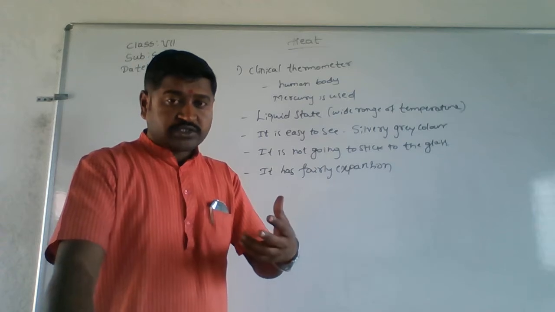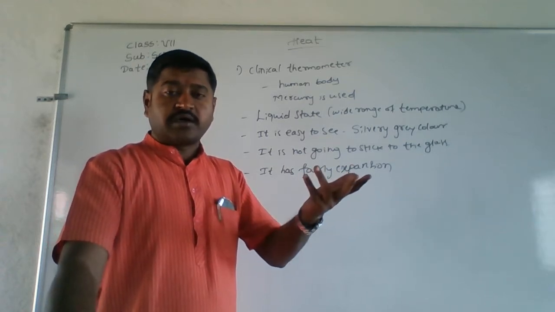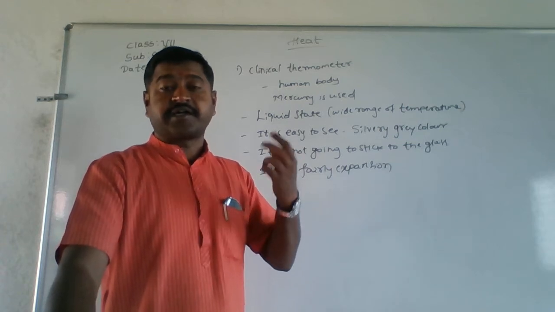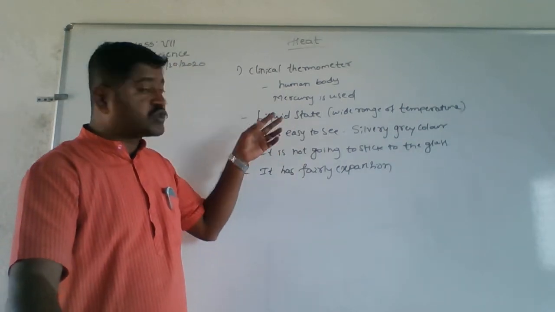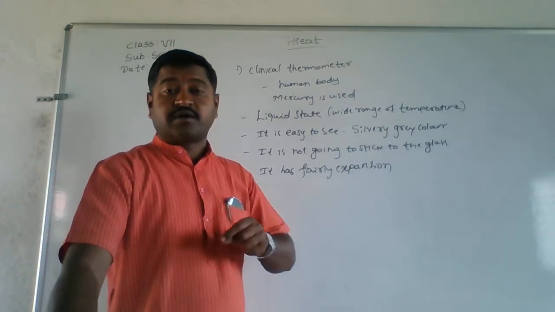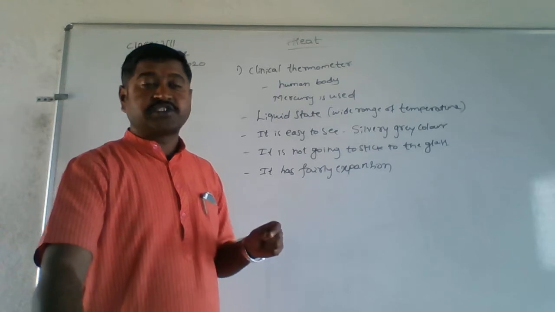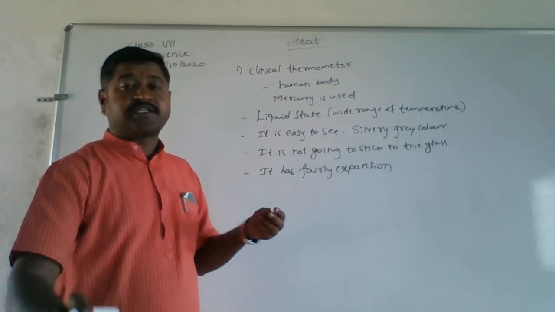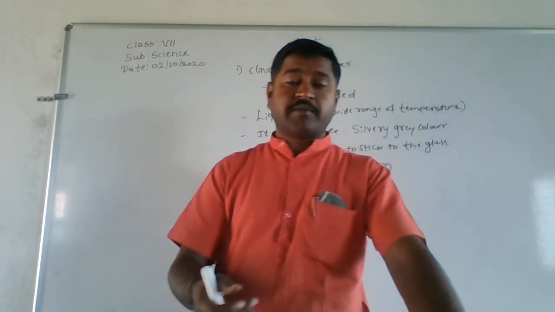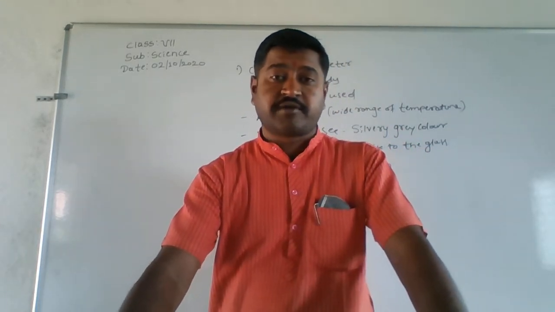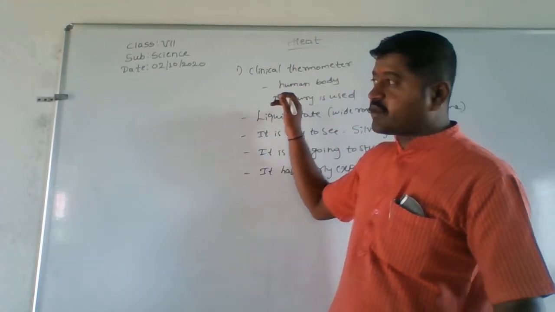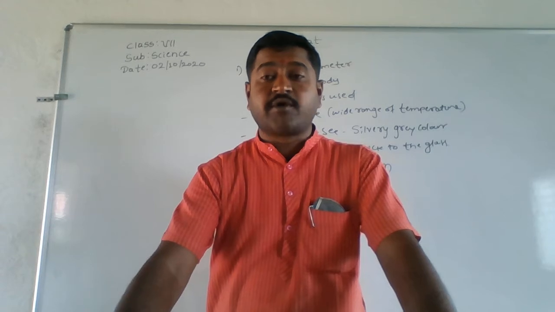If other liquids are used, they may turn to another state of matter on heating to a higher temperature. But mercury is going to stay in liquid state for a wide range of increase in temperature. That is the reason mercury is used, and it is not going to stick to the glass of the thermometer, and it is easily visible because it is silvery grey in color. So this is why mercury is used in thermometers.